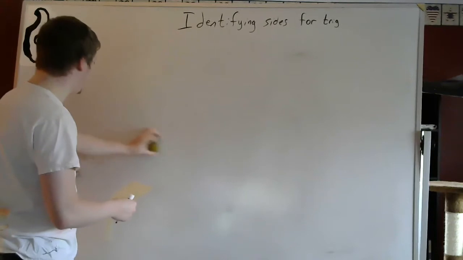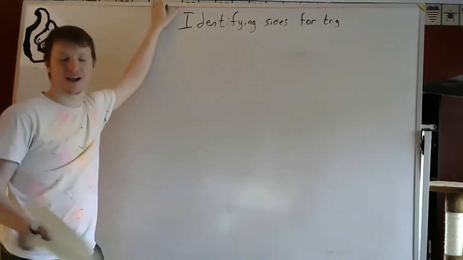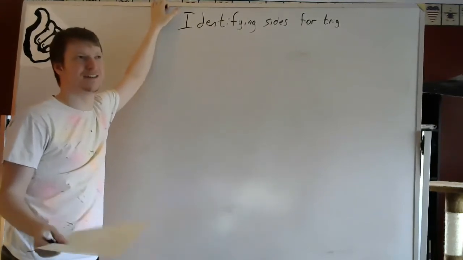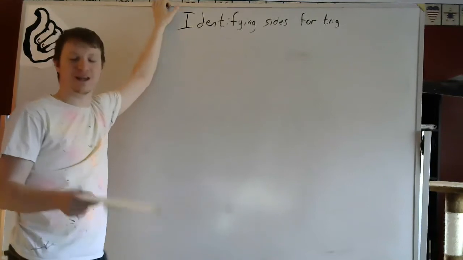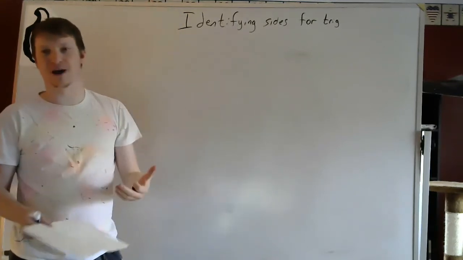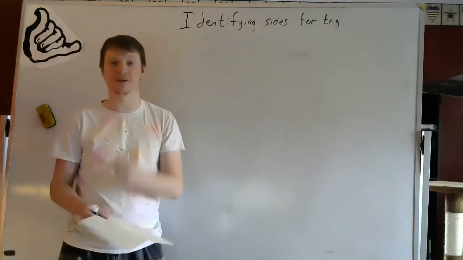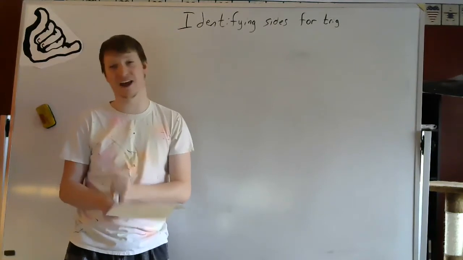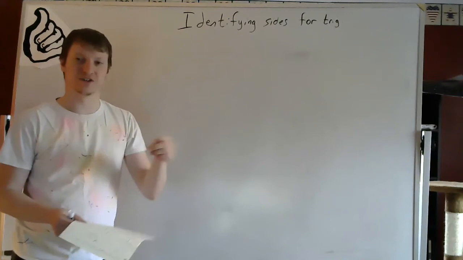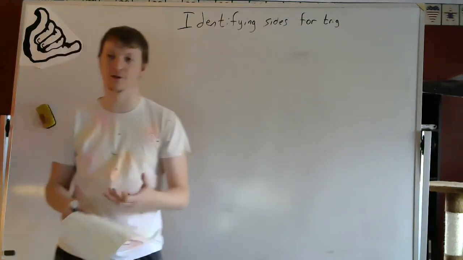Today, we're going to take a look at identifying some sides for trig. What I mean by identifying sides is, when I say the word opposite or adjacent or hypotenuse, we need to be absolutely sure which sides I'm talking about in these triangles, because trig relies very heavily on me knowing what is opposite or adjacent or hypotenuse to make the ratios that I'm going to use for trig.